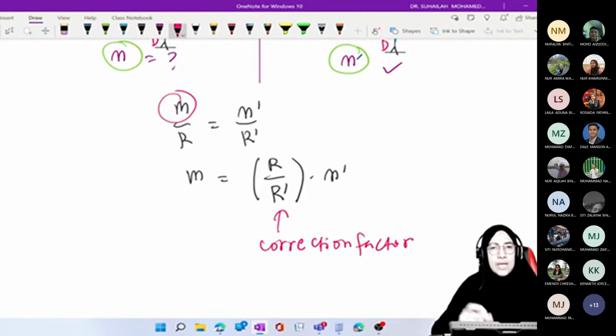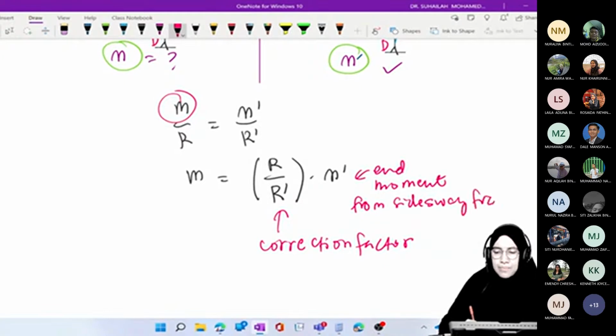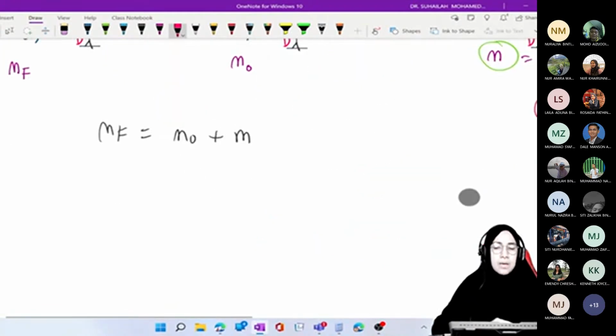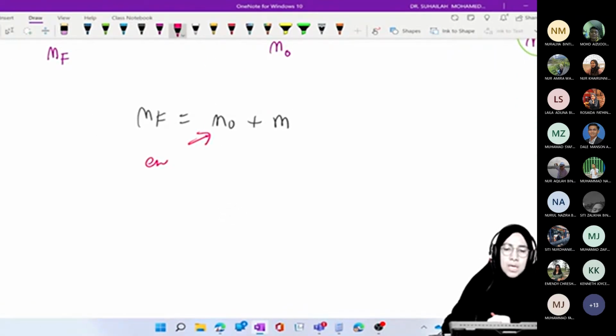R divided by R prime is called the correction factor. M prime is the end moment from the sidesway frame, and M naught is the end moment from the non-sway frame.